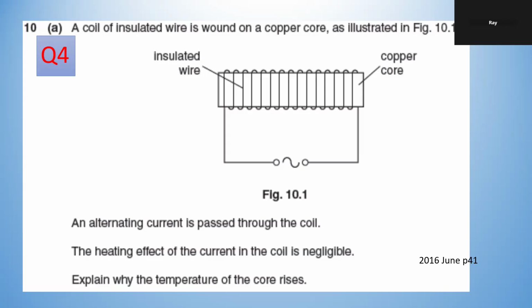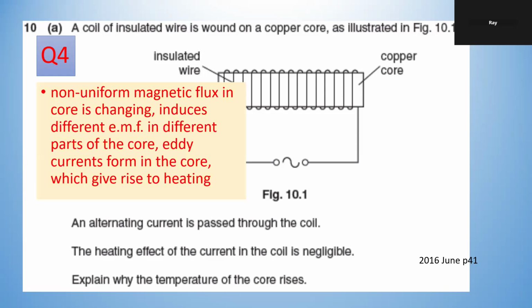The non-uniform magnetic flux in the core is changing. It induces different EMF in the different parts of the core. Eddy currents are induced in the core, which will give rise to heating.